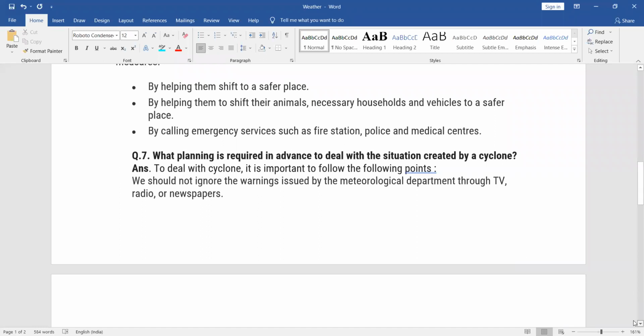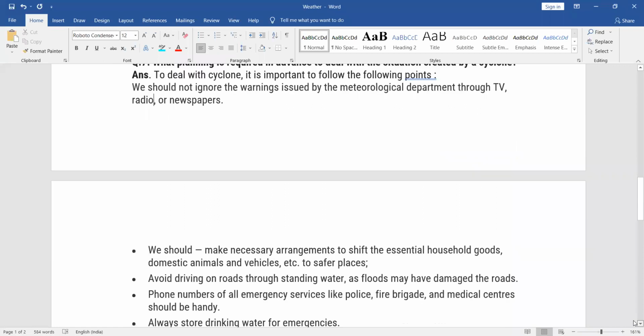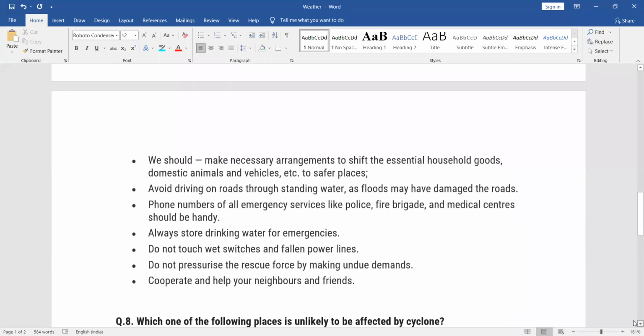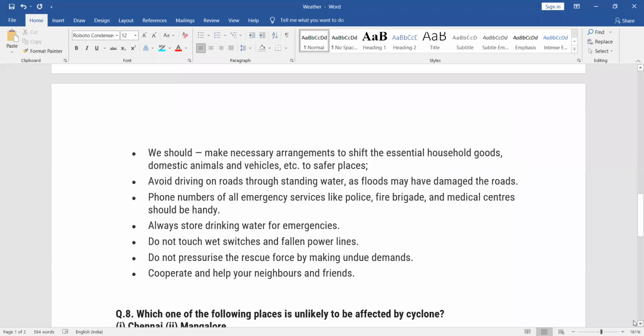We should make the necessary arrangements. We should not drive through roads where there is standing water, because the flood may have damaged the road, and it may be harmful for us.